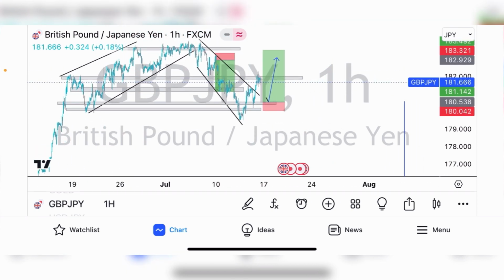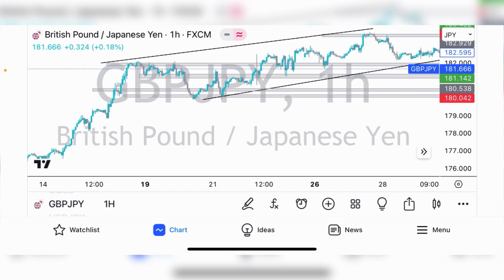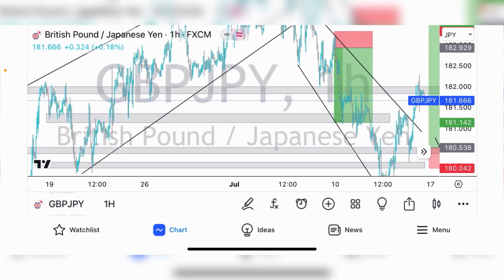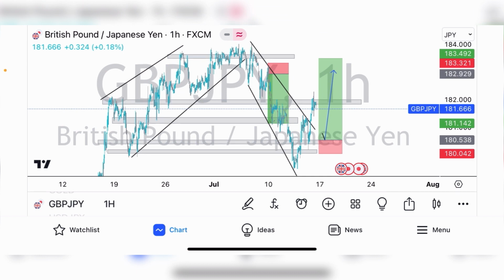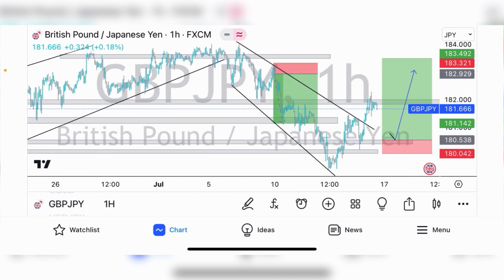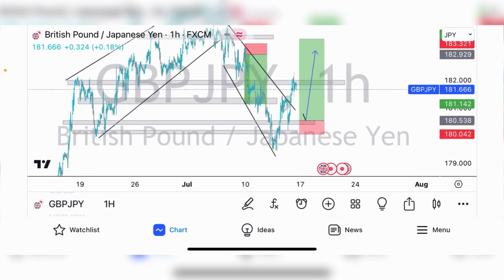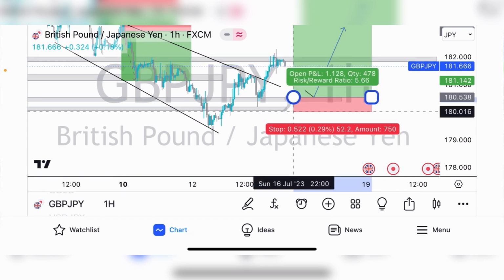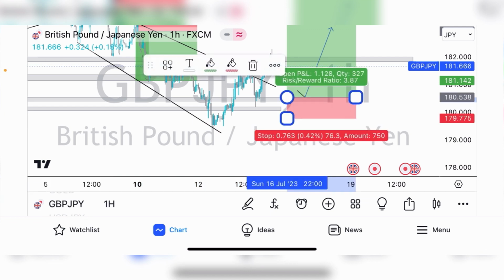The GBPJPY, there might be errors here. But yes, this is what I suggest you can do when you're trading next week.